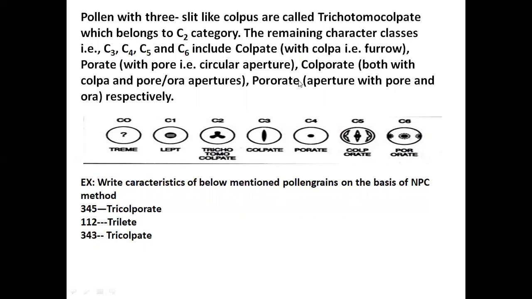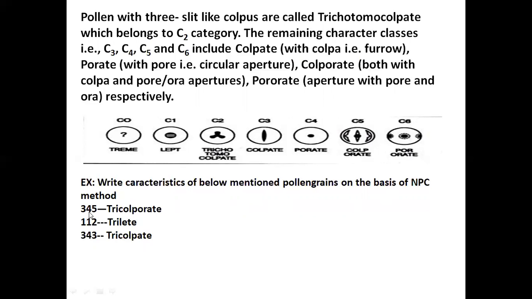So in this way, we can classify the pollen grains based on the number, position, and character of apertures. For example, from an entrance examination point of view, a pollen designated by a 3-digit code indicates its characters.